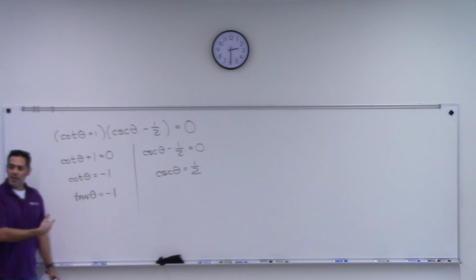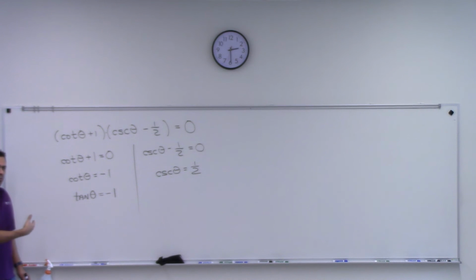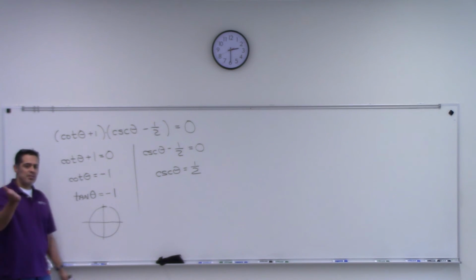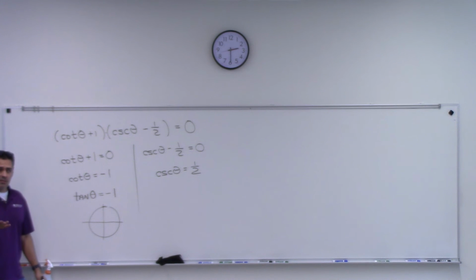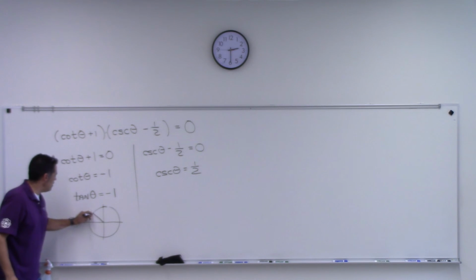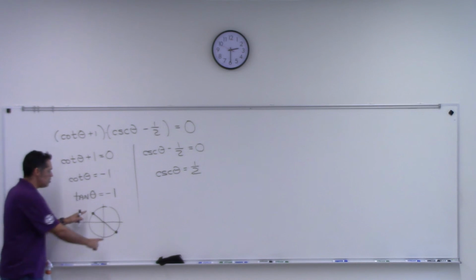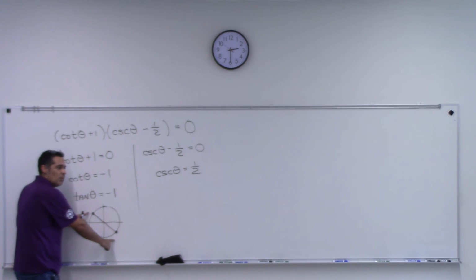So now tell me what you know about the unit circle. At what angle is tangent -1? Remember, tangent's the y divided by x. 3 pi over 4. So here and here. Those are the 2 places where tangent is -1.